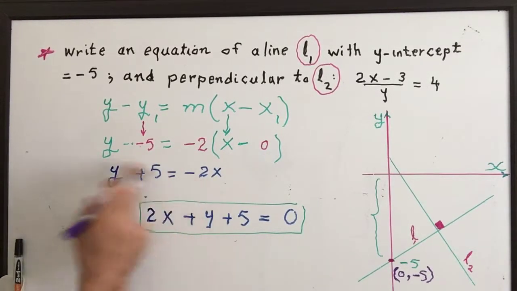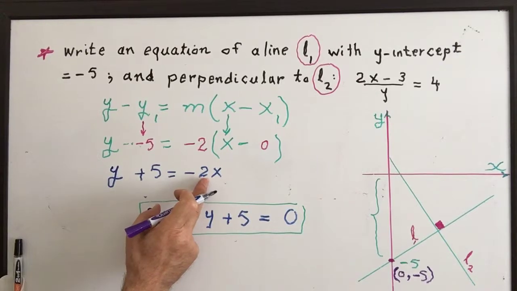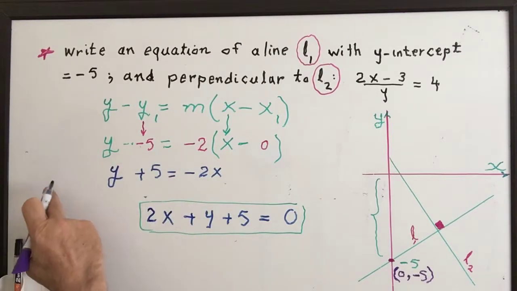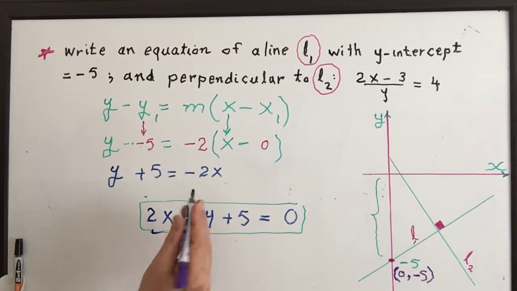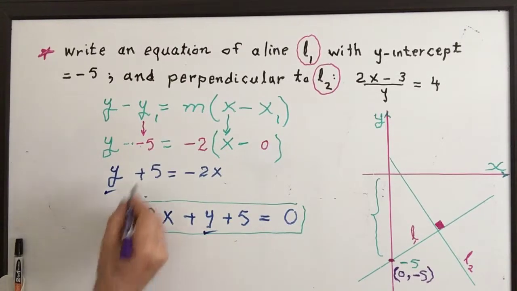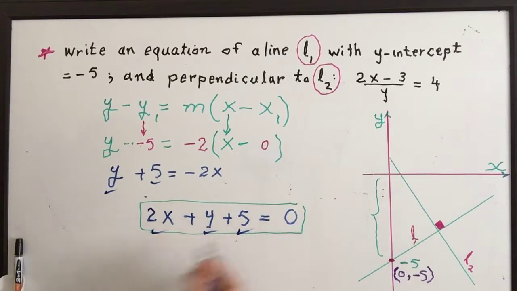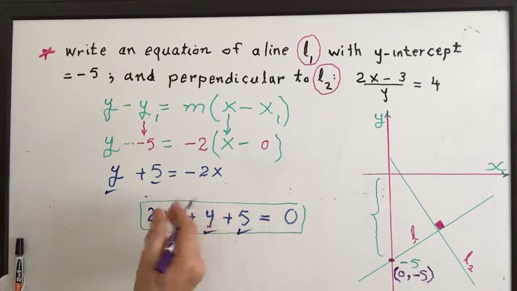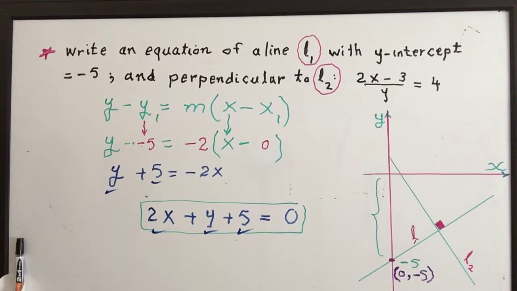Also, moving the negative 2x to the other side, it will be plus 2x. So 2x plus y plus 5 is equal to 0. It's the same equation. So we gave two ways to write the equation for this line.